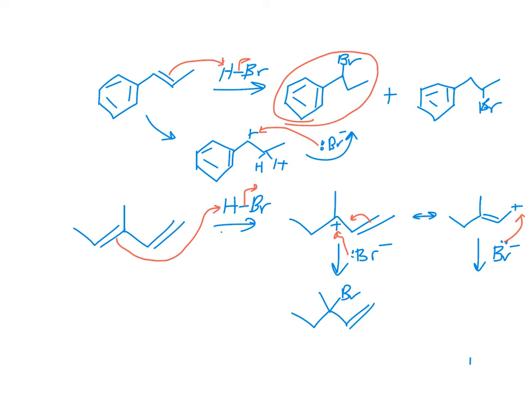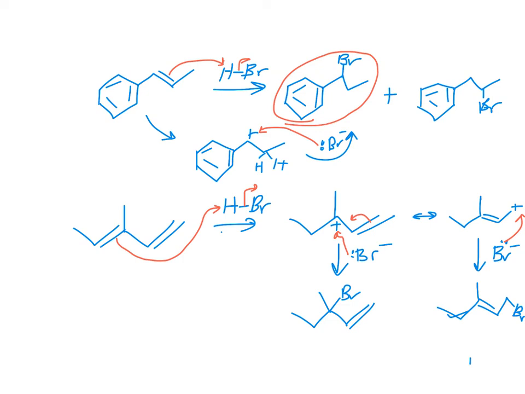Remember, these are not 2 separate carbocations, right? They're just the resonance contributors. The real carbocation has the charge spread between those 2 positions. And so this would form this with the bromine over here.